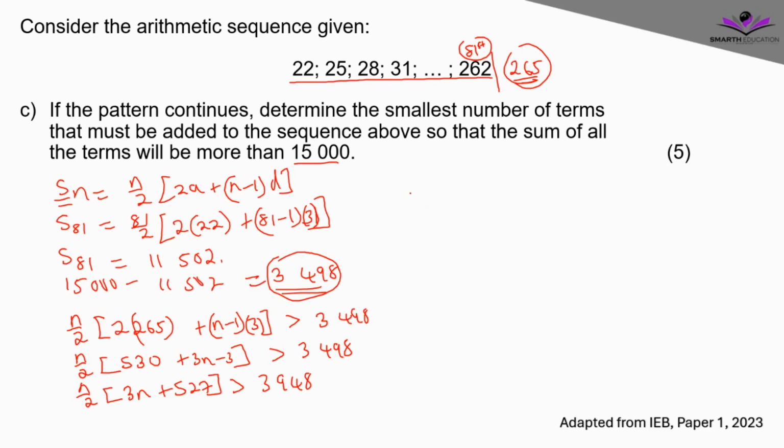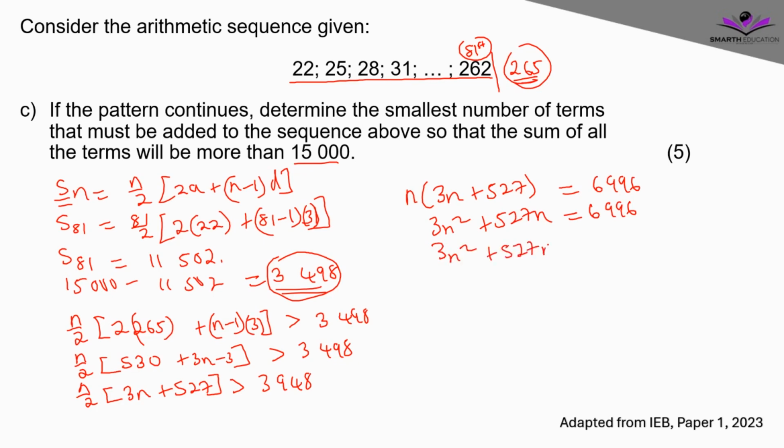Okay, we'll get n times 3n plus 527 is equal to 6,996, right? Then we can write this in standard form, 3n squared plus 527n is equal to 6,996. Okay, right, standard form, 3n squared plus 527n minus 6,996.